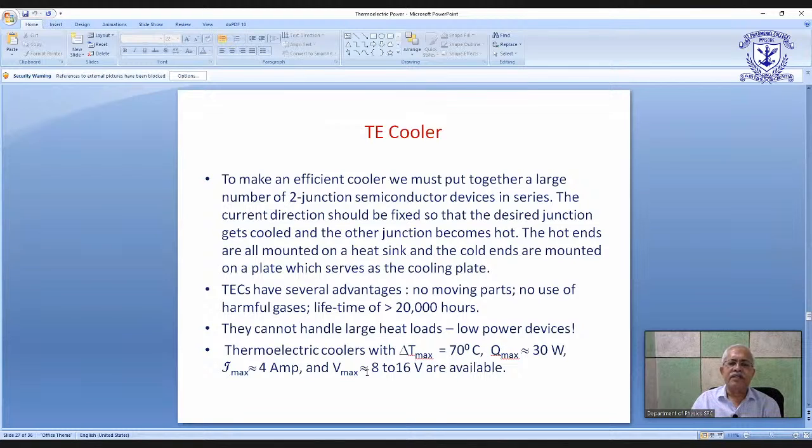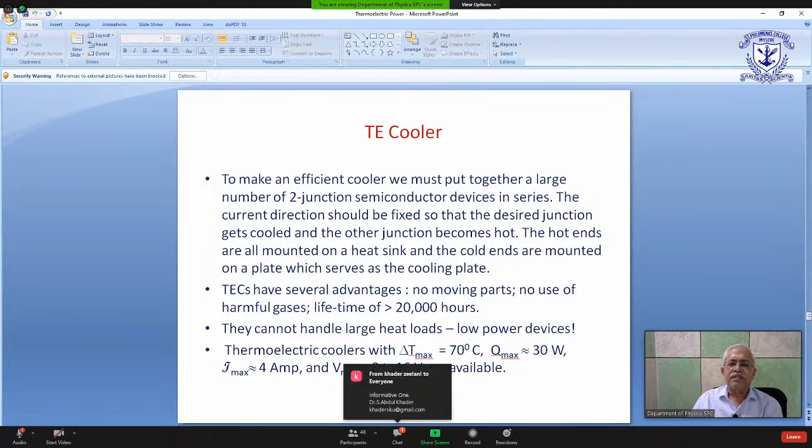Thermoelectric coolers have the advantage that they have no moving parts. There is no use of harmful gases which have an impact on the environment. And they are also very practical. They have a very large lifetime, in the sense that they can be used for about 20,000 working hours. These are like use and throw devices, but they cannot handle very large heat loads.